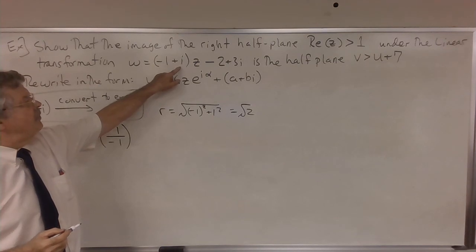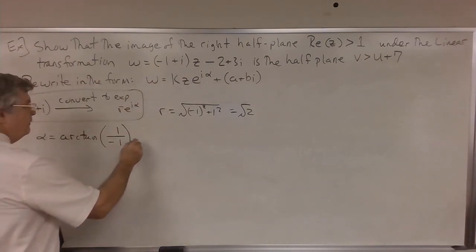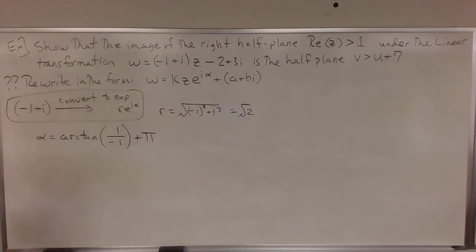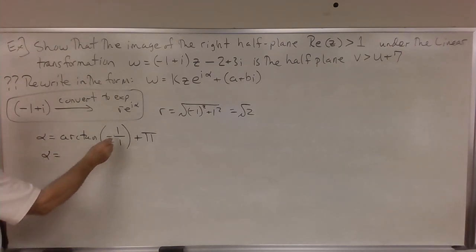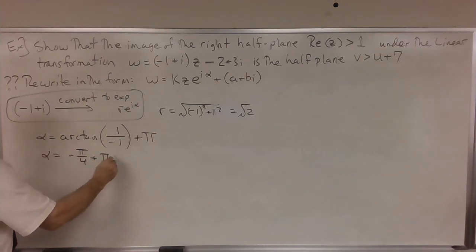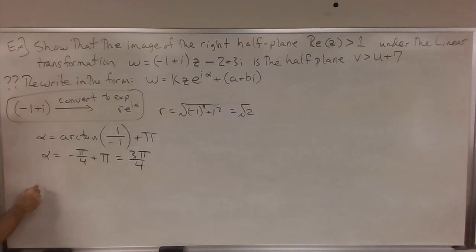X is negative, y is positive. That's quadrant 2. So we're going to have to add pi to this, I think. And the arctangent of negative 1 is negative pi over 4. Okay, so alpha equals 3 pi over 4.